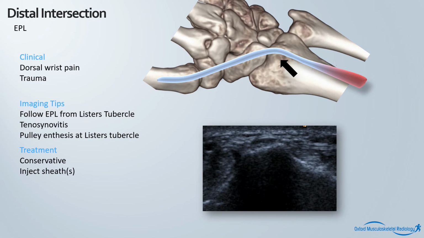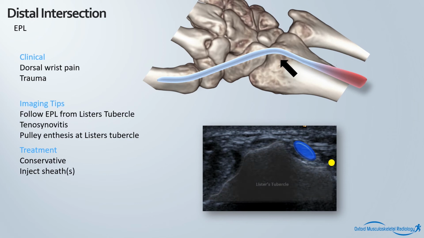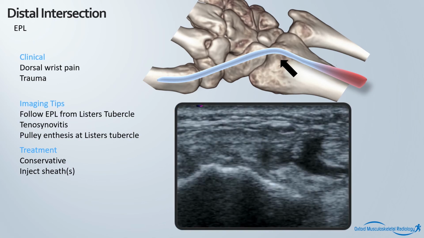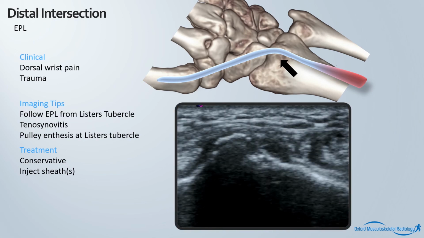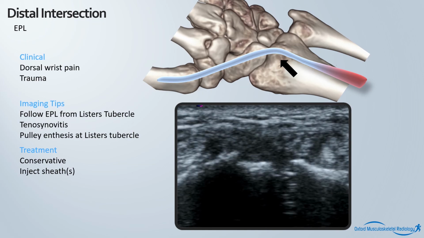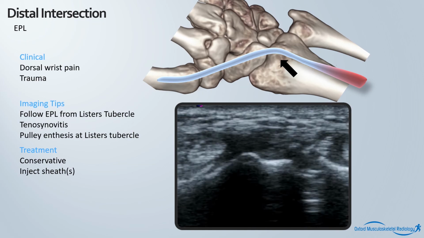Whether it's ultrasound or MRI, look for the relationship between the tendon and the tubercle, and particularly look to see whether there's any irregularity or serrations at Lister's tubercle. These can occur in inflammatory arthropathies, particularly rheumatoid arthritis, and the constant rubbing of the tendon against the bony irregularities can result in tendinopathy and ultimately rupture, as in this case.